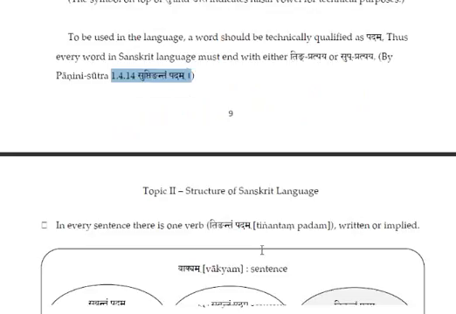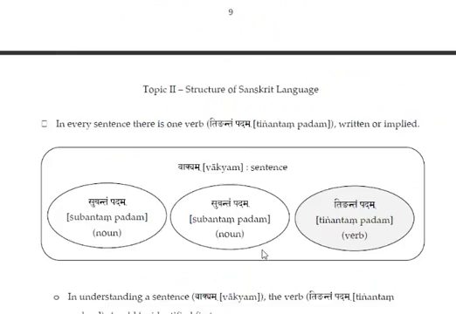And then in every sentence, there is one verb, written or implied. This is also a very important concept. We are studying the sentence as a unit. In the sentence, we see each word and the connection between the words.